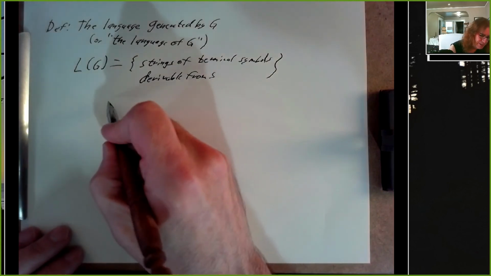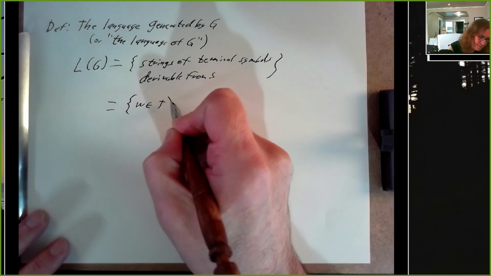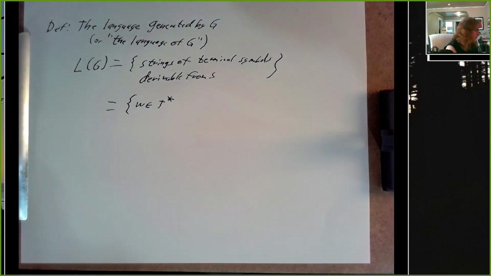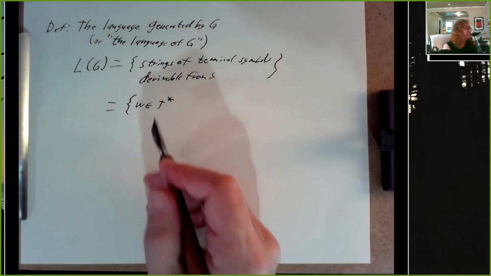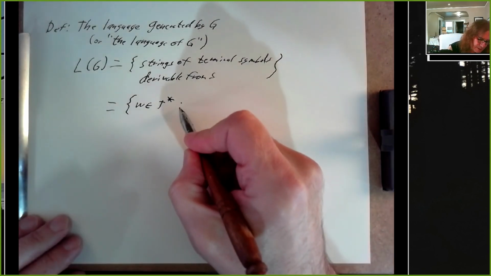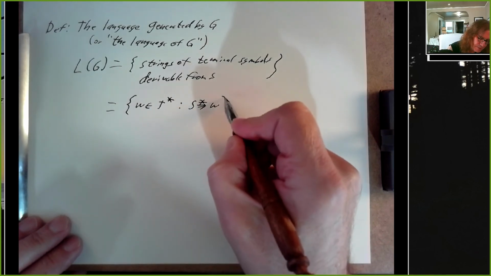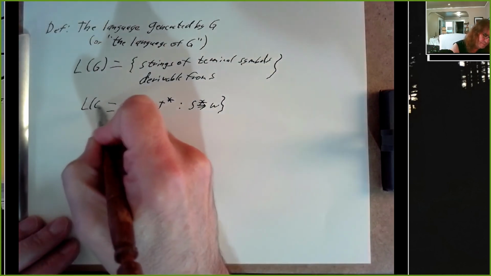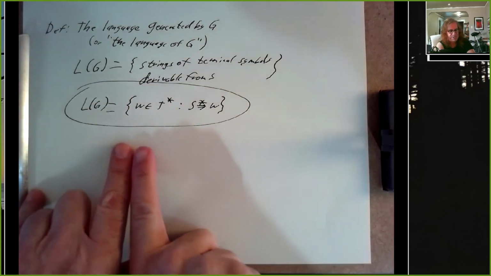And we can write that succinctly. It's a set of words contained in the collection of all finite length strings of terminal symbols such that there is a derivation from S to W. So all of that lecture boils down to this, right?